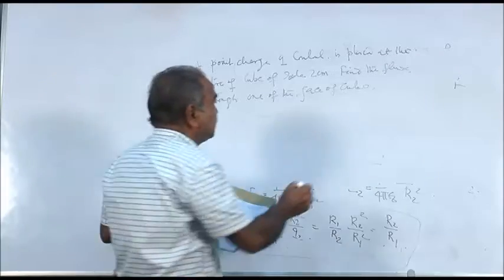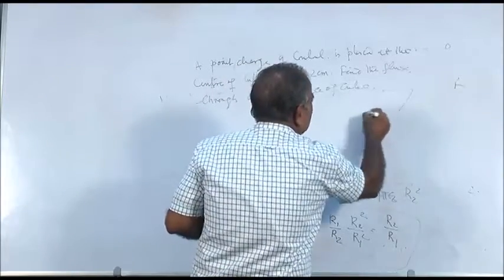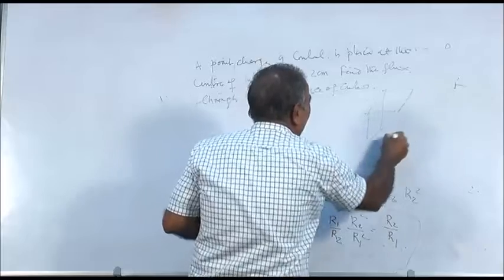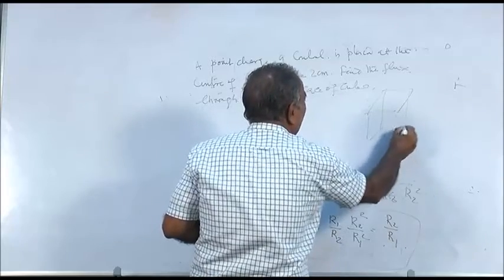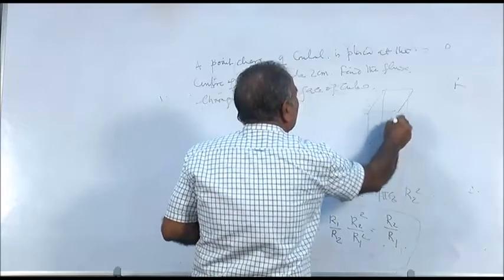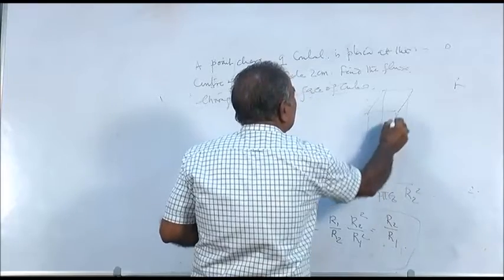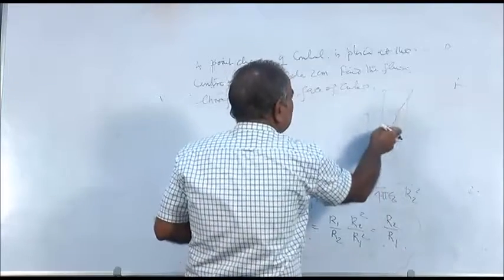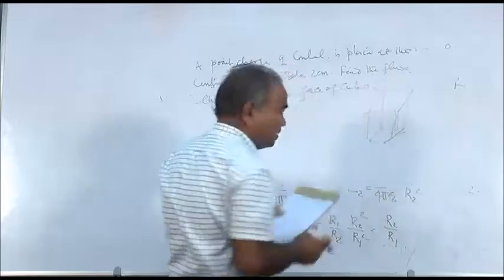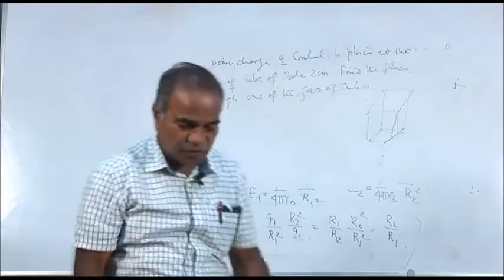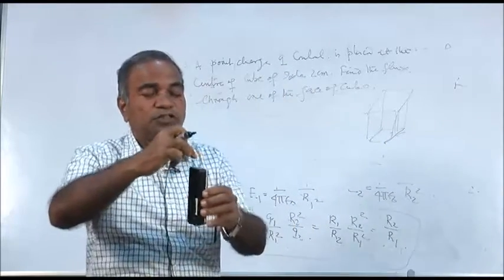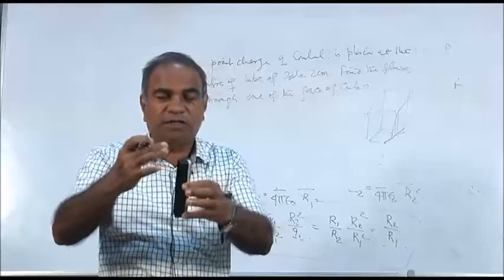You know the cube has how many faces? A cube has 6 faces. This face, this face, this face, this face, this face, this face. Suppose we assume this is a cube.